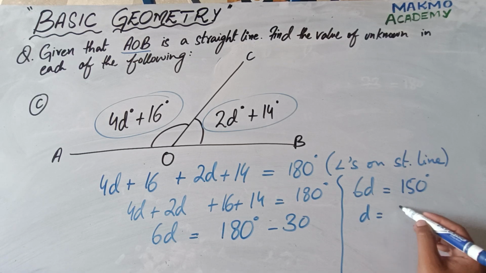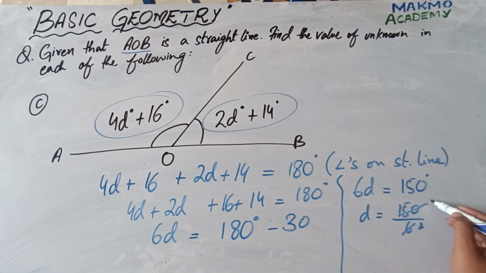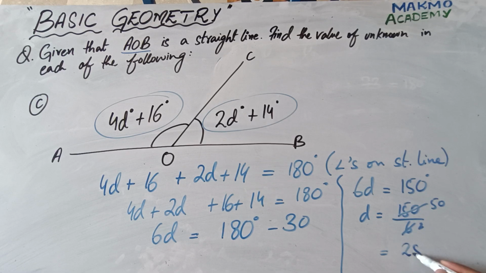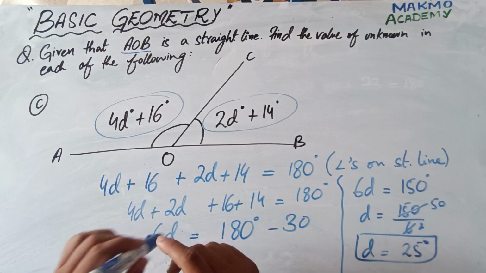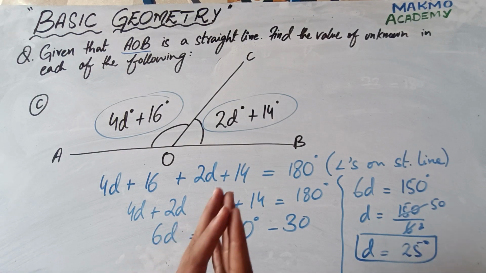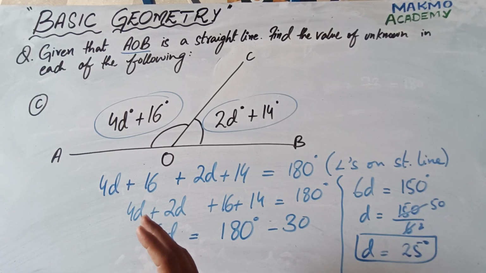Then D is equal to 150 upon 6, which is 25. So D is equal to 25. So this is how we can find out the value of unknown by using those properties which we have learned. Angles on a straight line, so the sum is equal to 180 degrees.